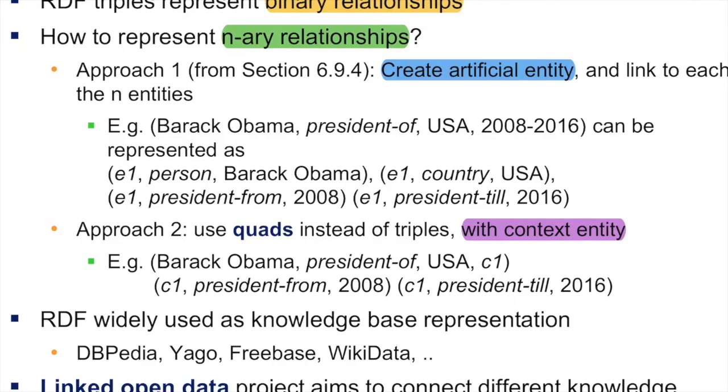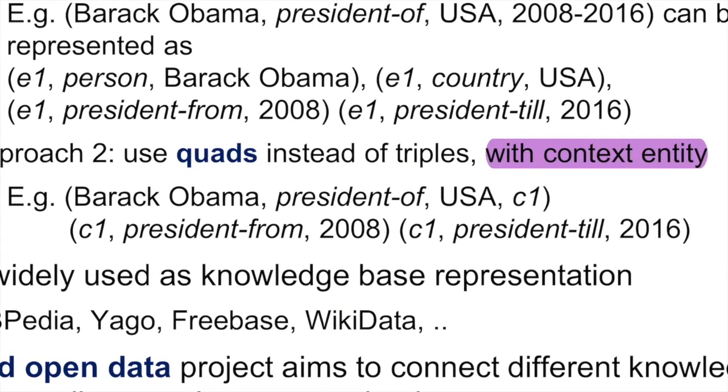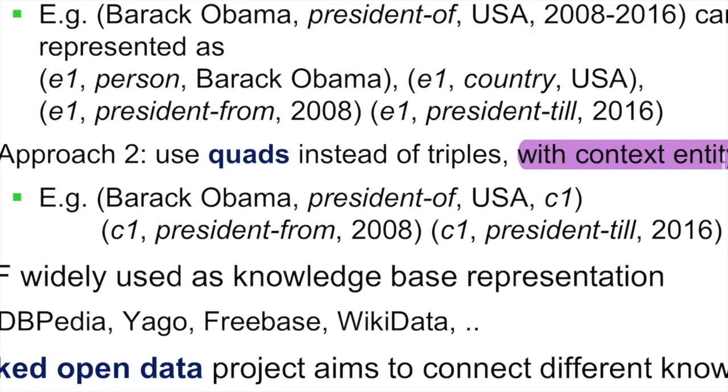So, that's approach 1. For approach 2 naman, gagamit tayo ng special na structure na tinatawag na quads. So, of course, instead na tatlo yung content, magkakaroon siya ng isa pang extra. Pero yung extra na to, special type of entity siya na tinatawag na context entity. So, in this case, naglagay tayo ng context entity na ang value is C1. Okay?